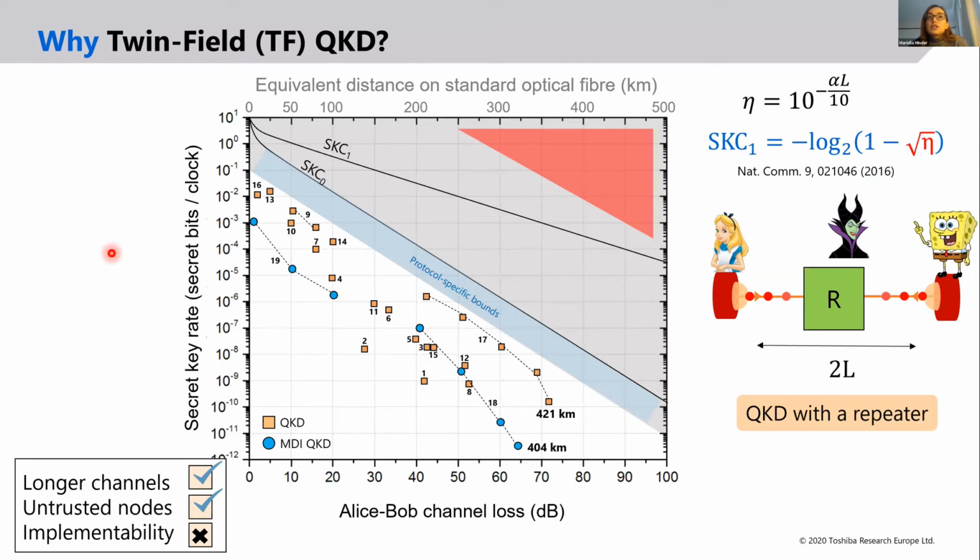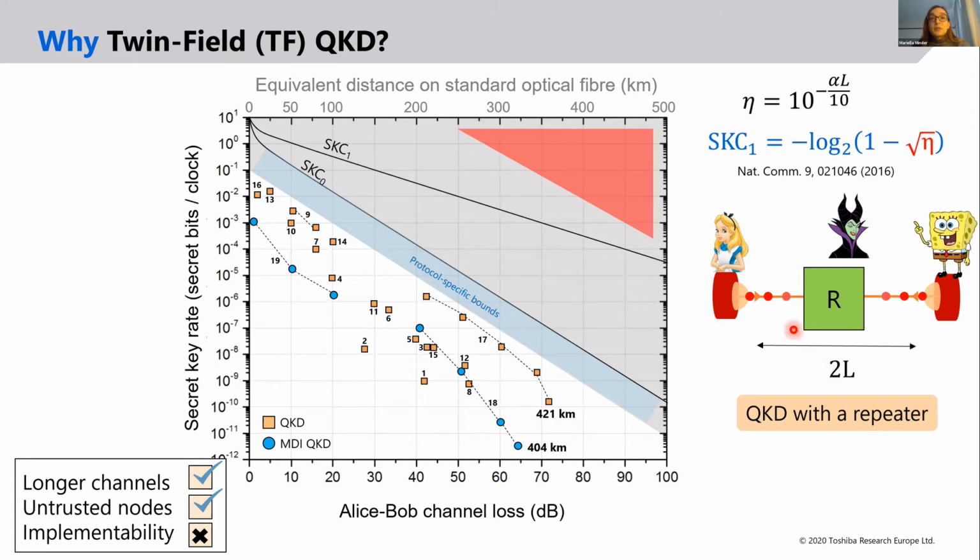And the way we could actually perform better is if we had a QKD system with 1 repeater, or with many repeaters, actually. But in the case of 1 repeater, we have this line here, which is the secret key capacity for 1 repeater in the system. And as you can see, it definitely has a different trend than SKC0. And the difference is that now we depend not on the transmissivity, but on the square root of the transmissivity.